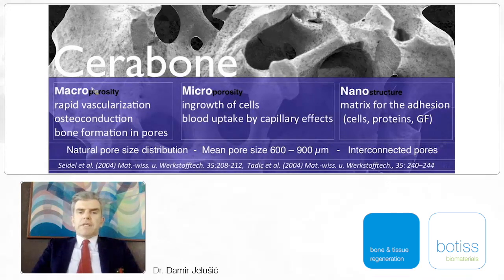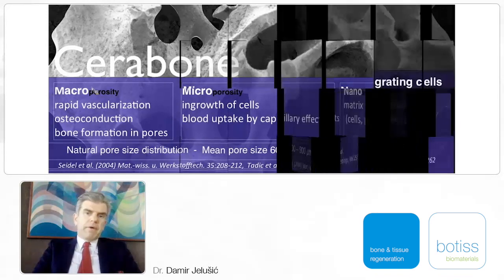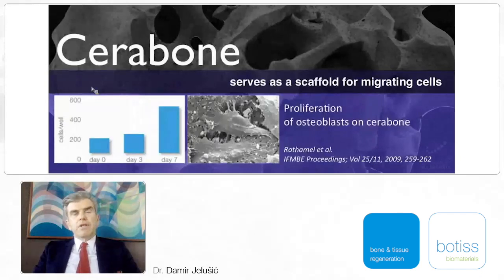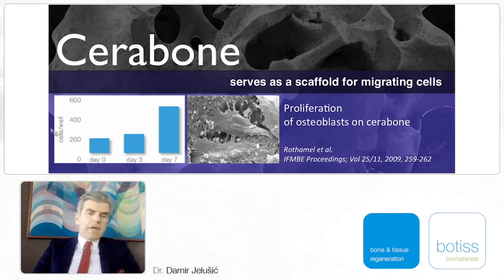Mean pore size is 600 to 900 microns. There are interconnected pores at the end. The structure of Cerabone is very nice for adhesion of cells and for ingrowth and proliferation of osteoblasts. And you can see here that there is a really huge proliferation in a 7-day period.